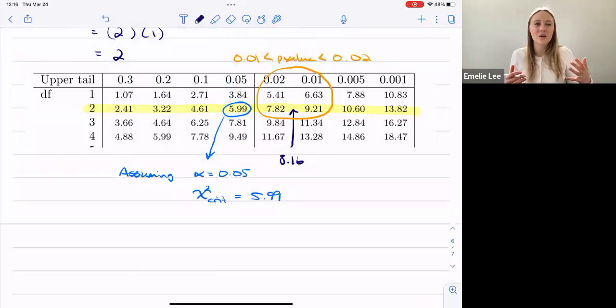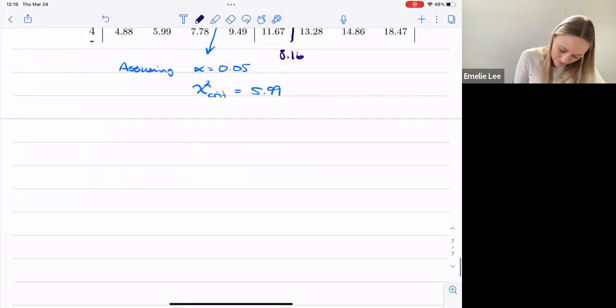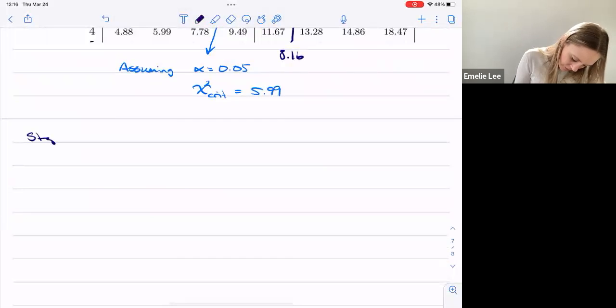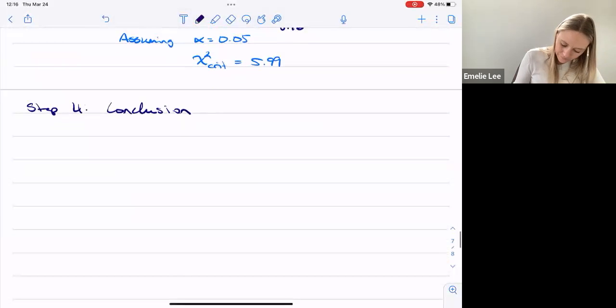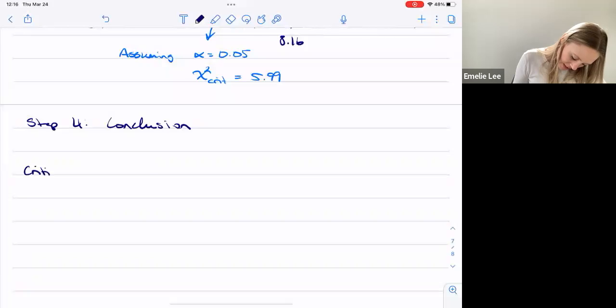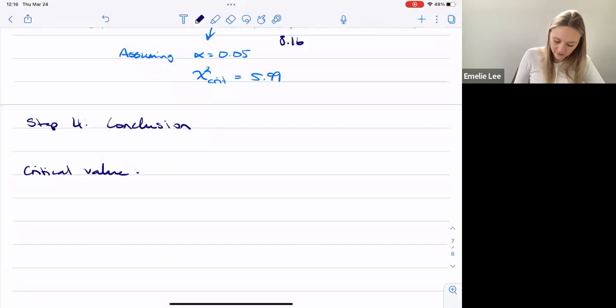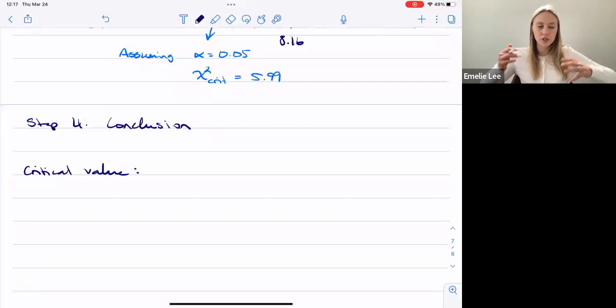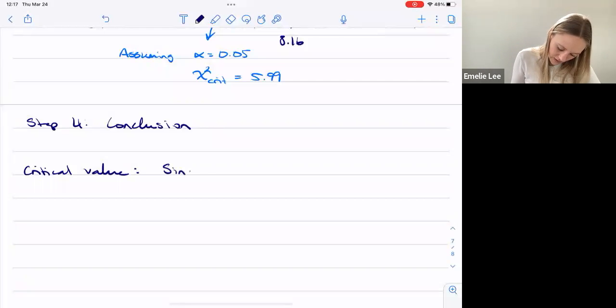But regardless of how we want to approach this, whether I use the critical value or the p-value approach, I can still draw my conclusion either way, and they are going to be the same. So step 4 is our conclusion. I'll start with the critical value approach.